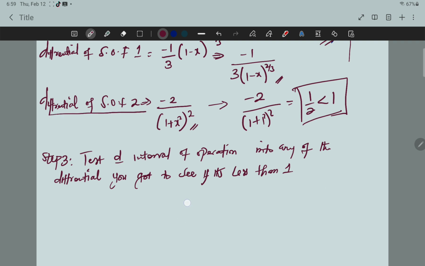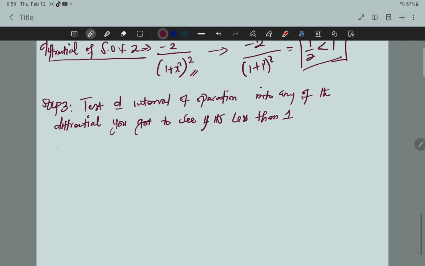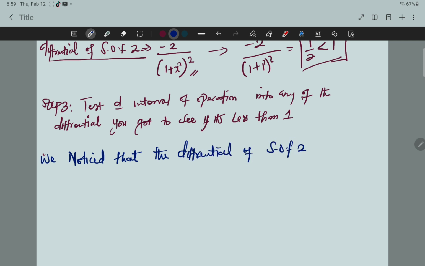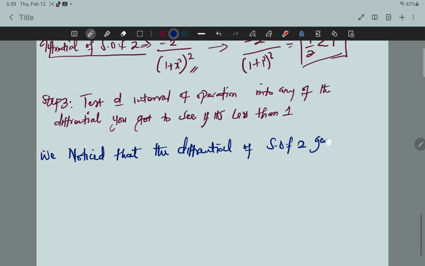So we have noticed that the differential of SOF2 gave us an answer less than 1. This is the Leibniz rule, according to the Leibniz rule, less than 1.